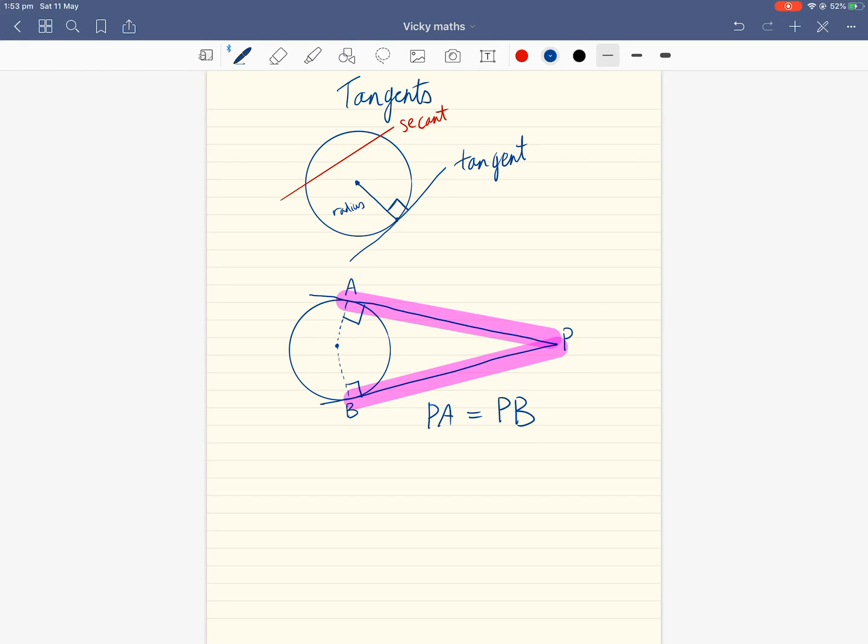Now, one more circle theorem is called the alternate segment theorem.